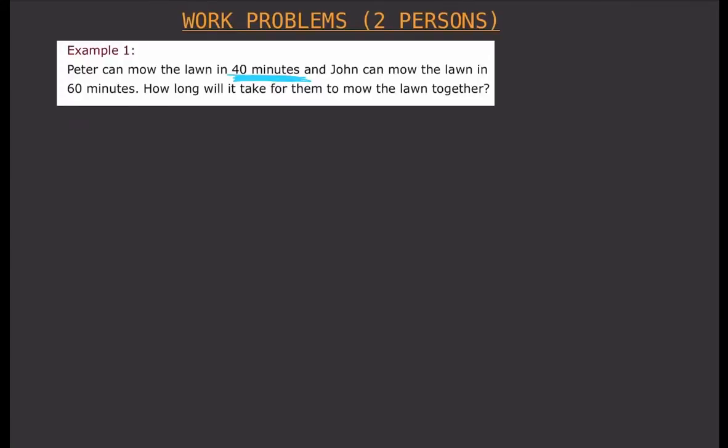Okay, so how do we solve these kinds of problems? Now, there's actually a formula or an equation that we can always go to when solving these kinds of problems.